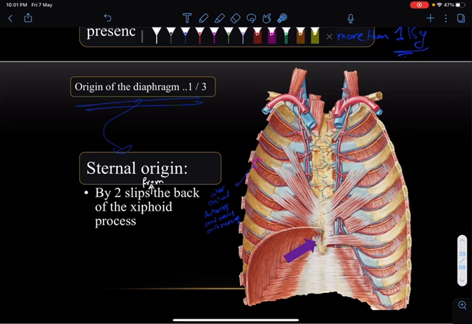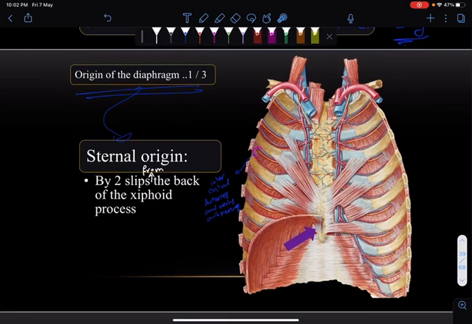So the back of the xiphoid process gives two slips of muscle participating in the origin of the diaphragm.